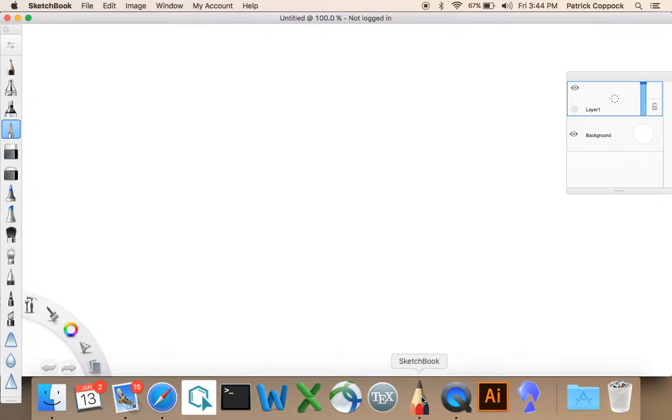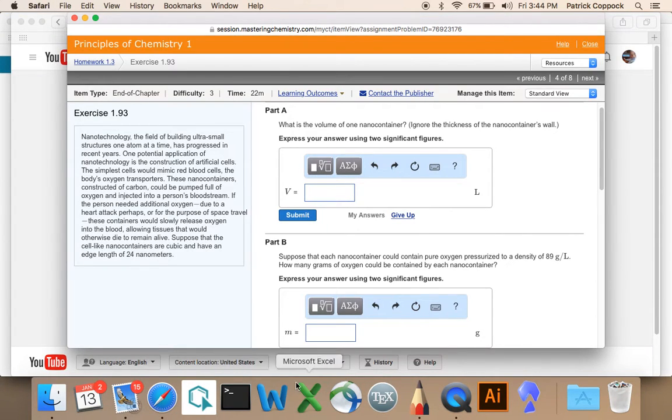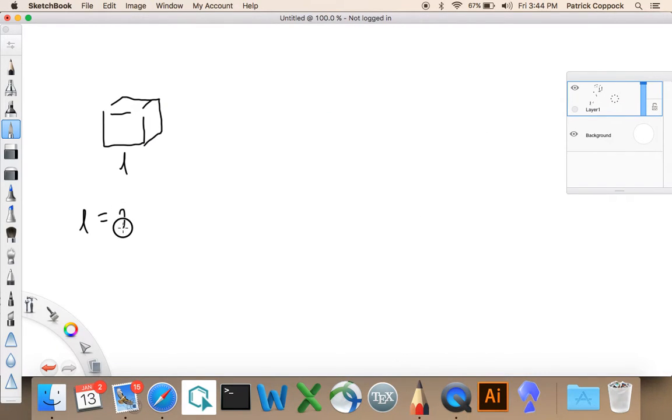So let me go back over here, draw a picture of one of these things. Okay? And it's cubic, and it has an edge length of 24 nanometers. All right, so I'm going to go back over here to the sketchbook. 24 nanometers.